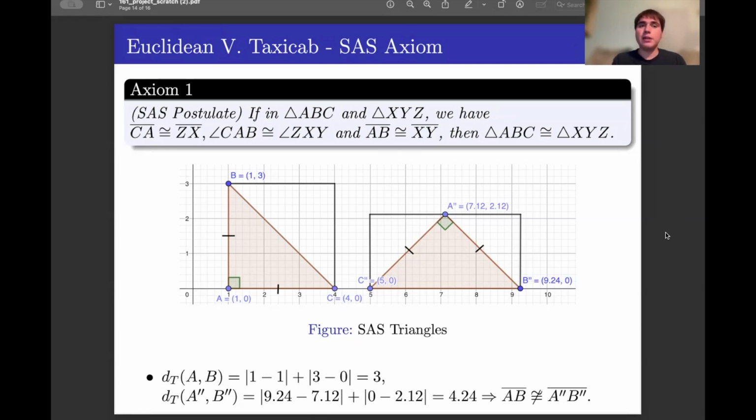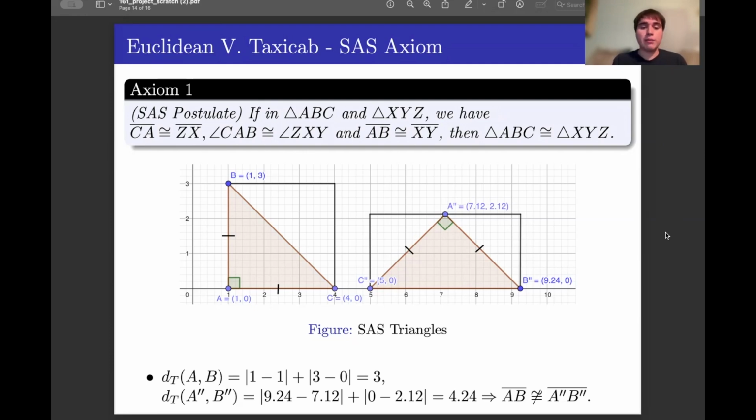Since the line AB and the line A double prime, B double prime are congruent, angle A and angle A double prime are congruent, and the line AC and line A double prime, C double prime are congruent, by side angle side, these two triangles are congruent in the Euclidean geometry. However, when we calculate the taxicab distance between A and B versus the distance of A double prime and B double prime, we find that they do not equal each other.